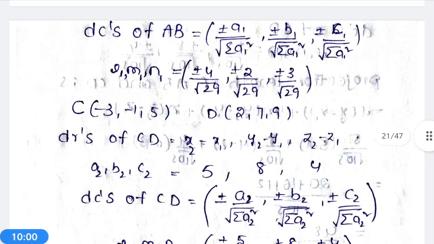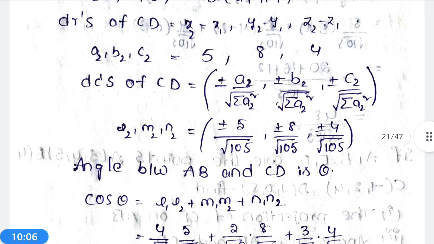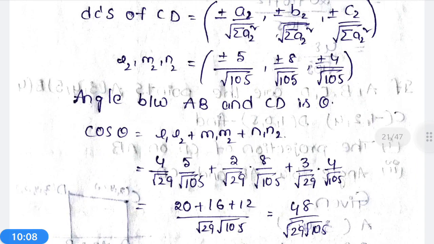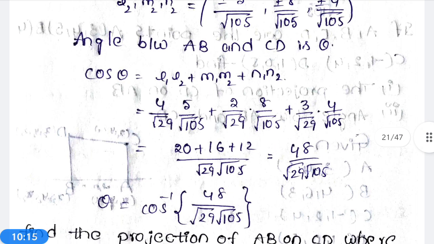If L1, M1, N1, L2, M2, N2 are DCs of AB and CD respectively, then cos theta, when theta is the angle between them, is equal to L1 L2 plus M1 M2 plus N1 N2. What is L1? 4 by root 29. What is L2? 5 by root 105.